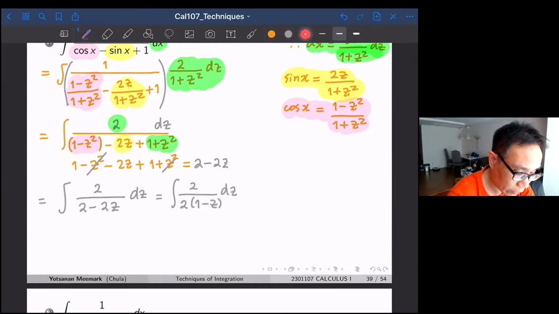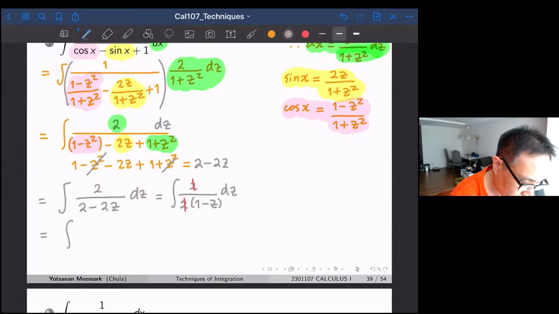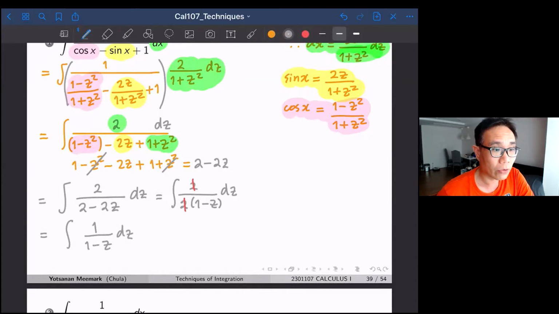Okay, and the 2 and 2 get rid of, so you would have finally integrate 1 over 1 minus z dz.